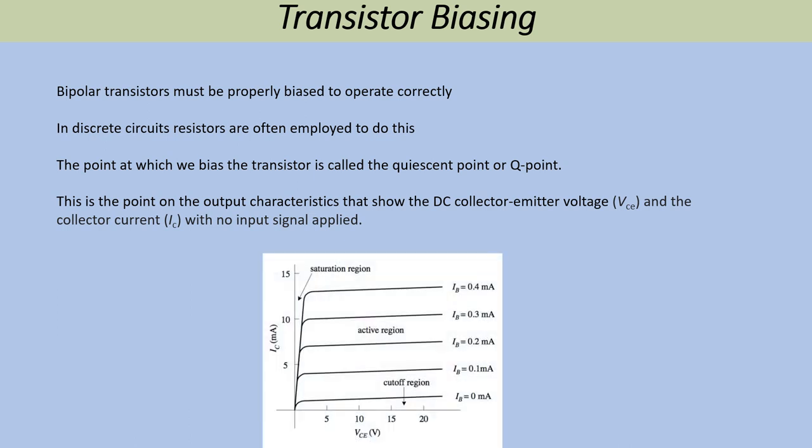If we look at the characteristic curves for this particular NPN transistor and choose some point in the active region to bias our transistor, then having chosen our Q point, we can see that we need to bias our transistor so that we have 10 volts between the collector and the emitter when a current of 7 milliamps is flowing in the collector.